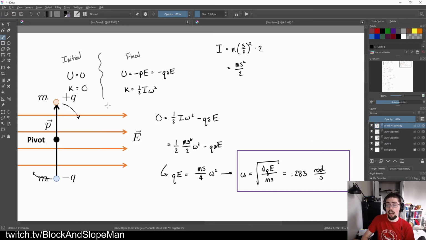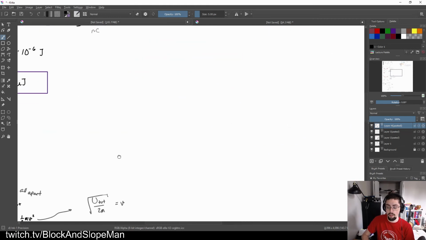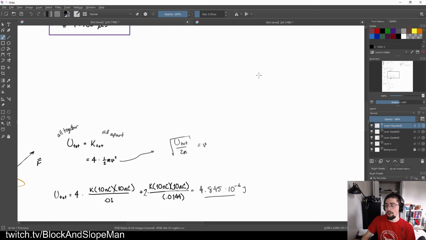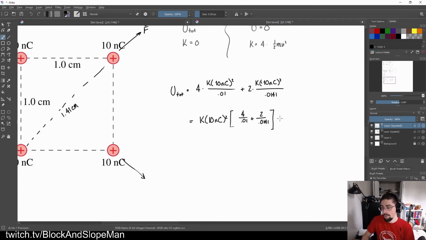And what I should find is, I wrote this down on this slide, total potential energy, cover that up for now, 4.845 times 10 to the negative 4th. So not a lot of energy, but a little bit. So now I've got that total energy.